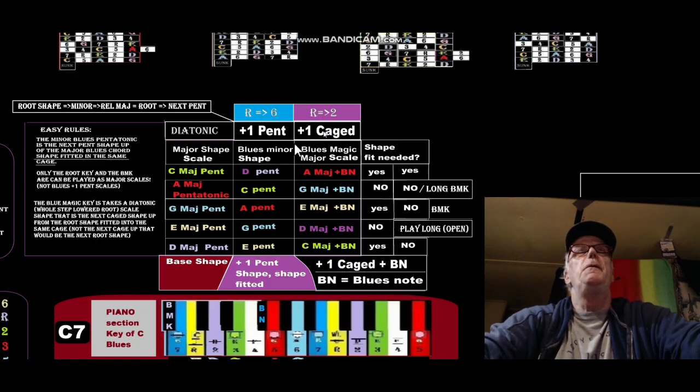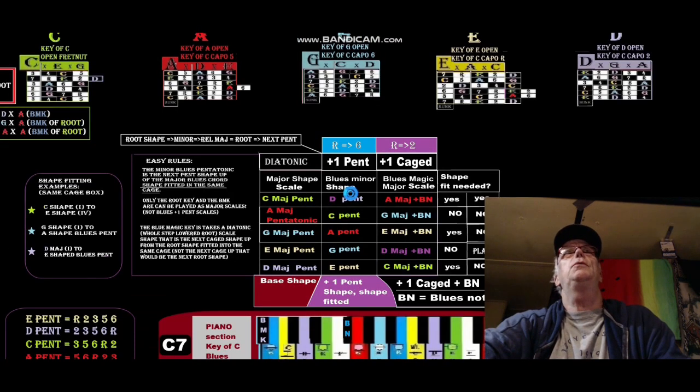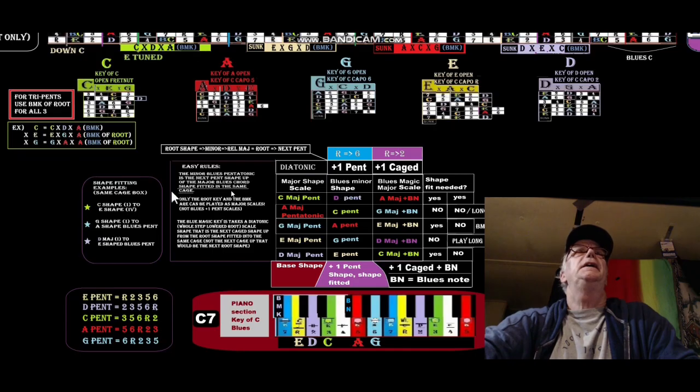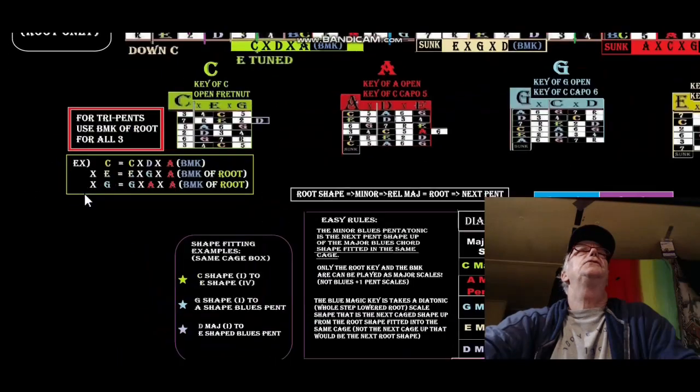magic key. And with this chart right here, is shape fitting needed? It was a chart that I needed to make. We've got the C, the A, the G, the E, and the D shape. I'm going to show you how this all worked out in the next few charts.